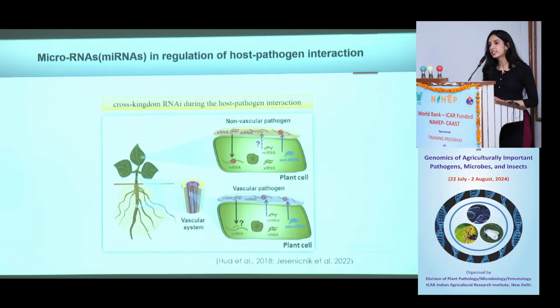For example, pathogens also, like many fungal pathogens, produce these siRNAs, and these siRNAs are transported from the fungus or the organism into the plant cell, wherein they silence the host genes of the plants, which in turn can lead to susceptibility. Or in contrast, these microRNAs or siRNAs can also be transferred from the plant to the pathogen, or they can directly be influenced by the action of the pathogens, which in turn can lead to susceptibility or resistance.